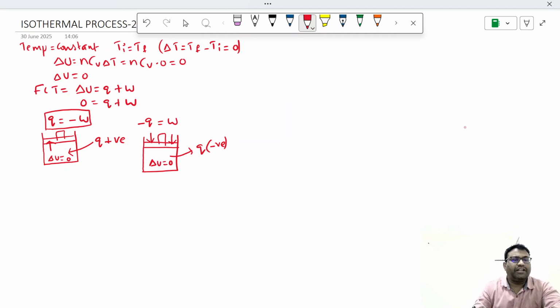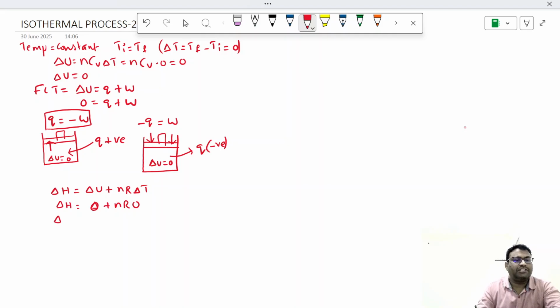Next, coming to delta H. Delta H is equal to, we know the formula, delta U plus n R delta T. Now delta T is equal to 0, and delta U is also equal to 0. Then delta H is equal to 0 plus n R delta T, and delta T is also 0.